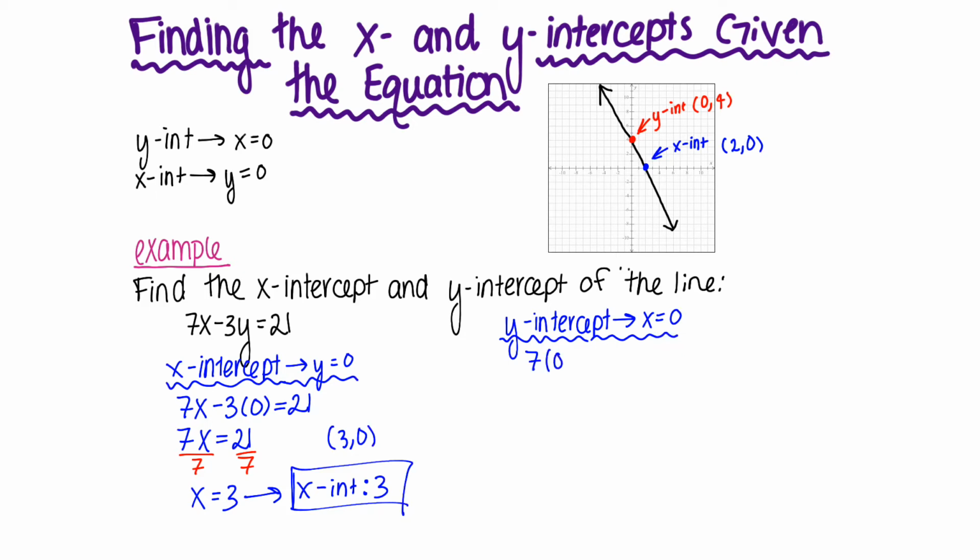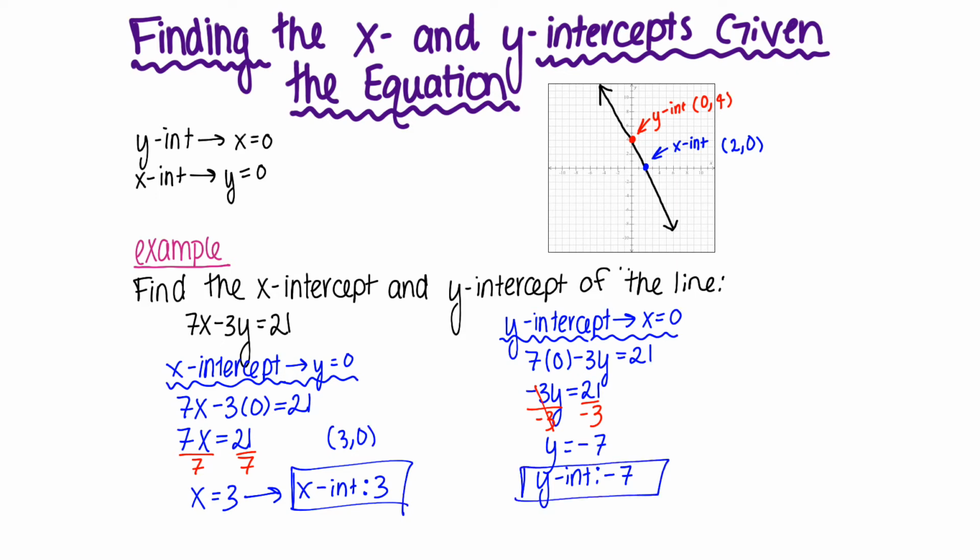So 7 times 0 minus 3y equals 21. 7 times 0 is just 0, so I can ignore it and put negative 3y equals 21. To get y by itself, I'm dividing both sides by negative 3. 21 divided by negative 3 is negative 7. So the y-intercept is negative 7.